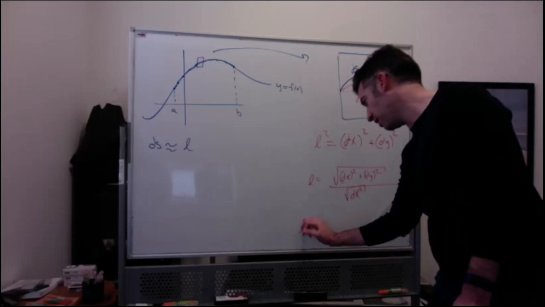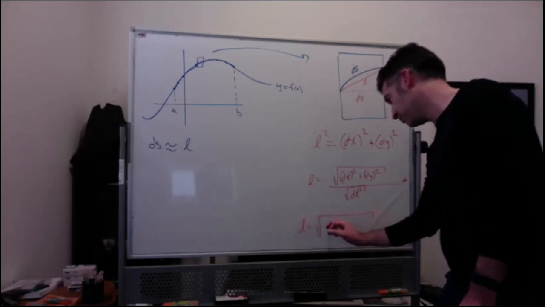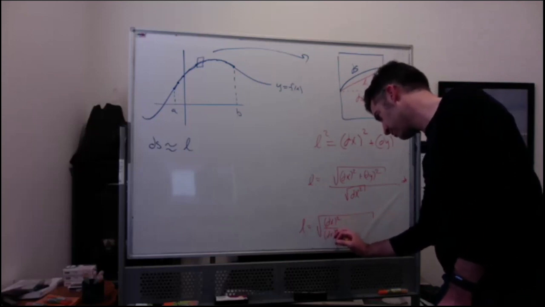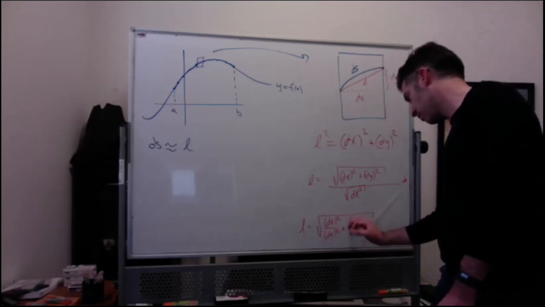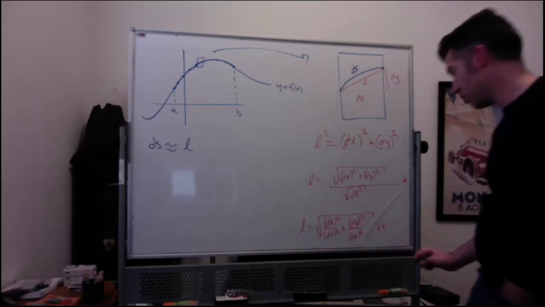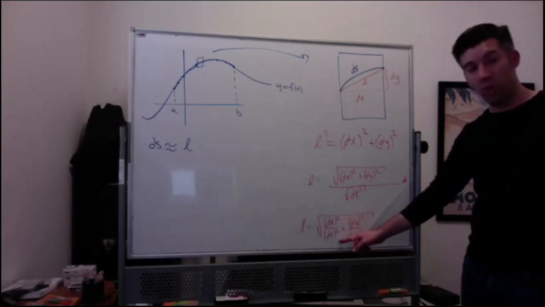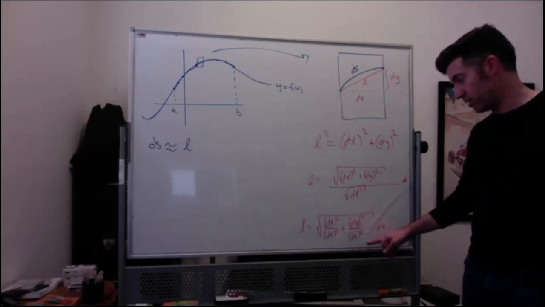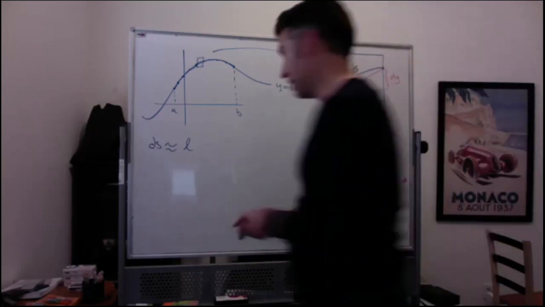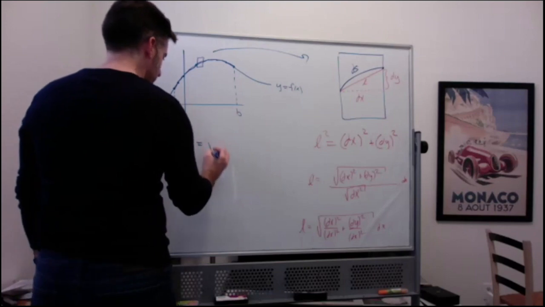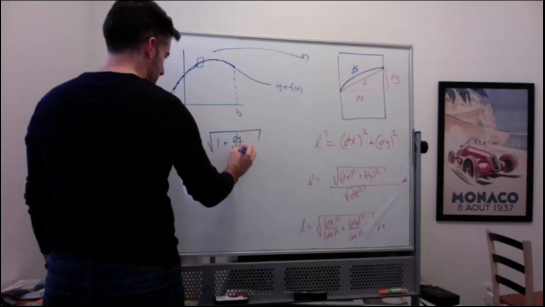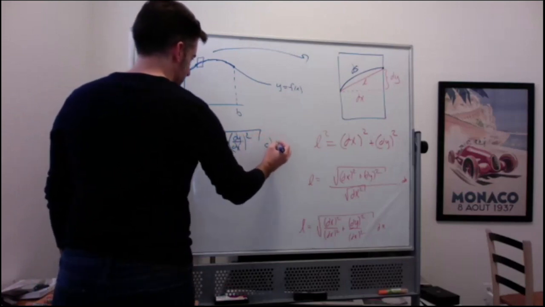So I can rewrite L as the square root of dx squared over dx squared plus dy squared over dx squared, times dx. Dx squared over dx squared is 1. Dy squared over dx squared is dy over dx quantity squared, the derivative squared. So L is the square root of 1 plus (dy/dx) squared, dx.